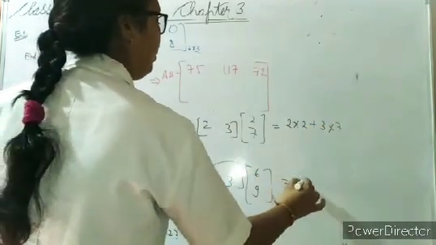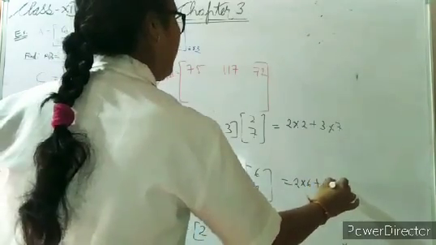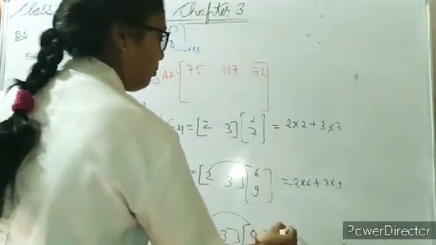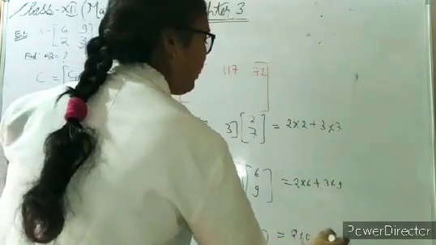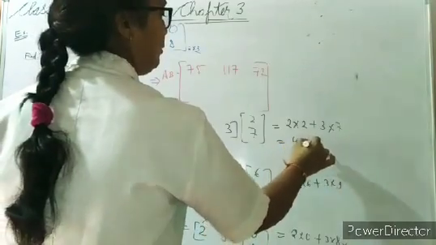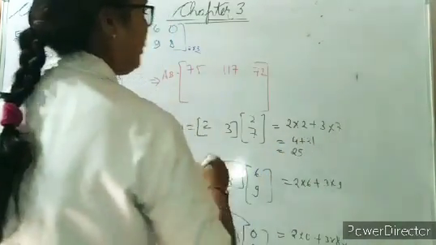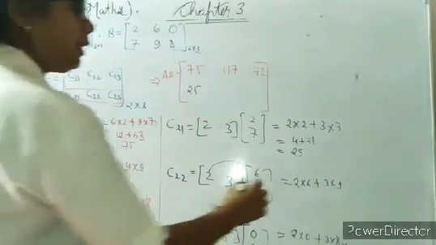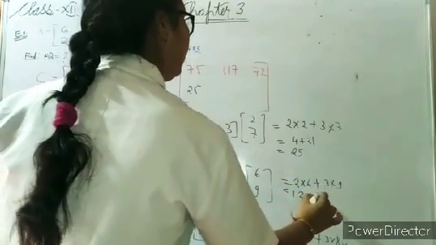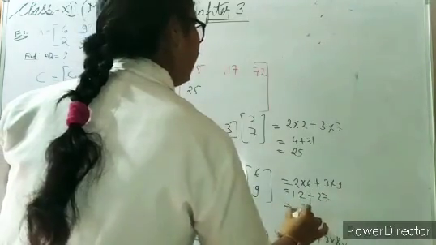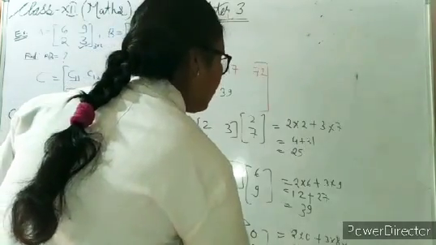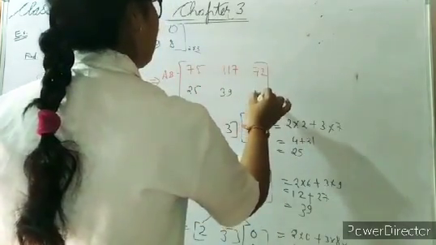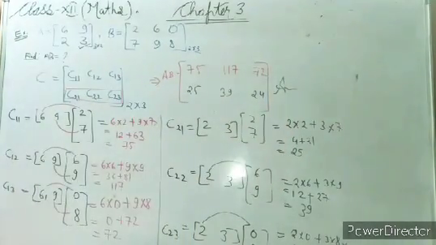Here 2 multiply 6 plus 3 multiply 9. And here 2 multiply 0 plus 3 multiply 8. So here answer will be 25. Here answer is 39 and here answer is here. So like that you will solve your problem.